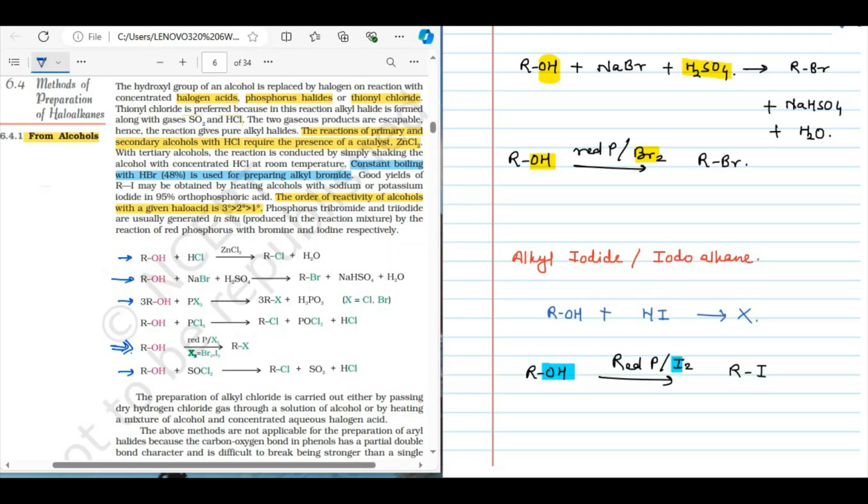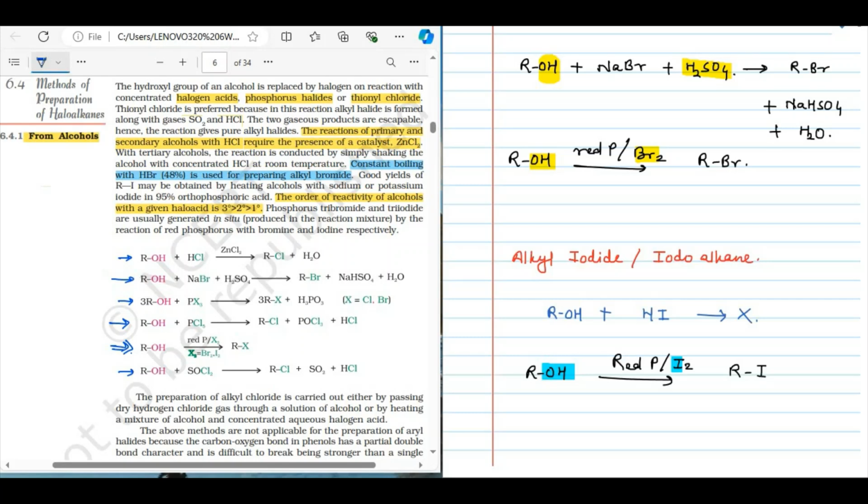Now let's discuss the reaction of alcohol with phosphorus halide. So here the reaction is given with phosphorus halide: ROH when it reacts with PCl5 or PX3 gives RX, or you can say RCl.